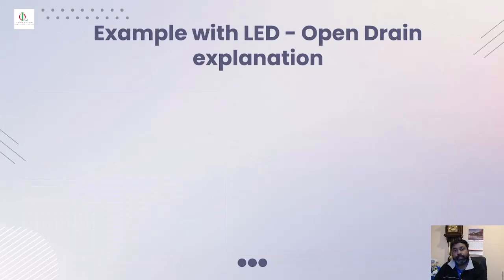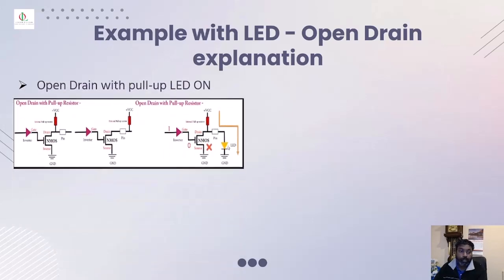How this looks with an LED, with an open drain explanation. If you want the LED to be well lit, use open drain with a pull-up resistor. With a pull-up resistor, even though there is no PMOS, the NMOS will try to pull up close to the VCC.